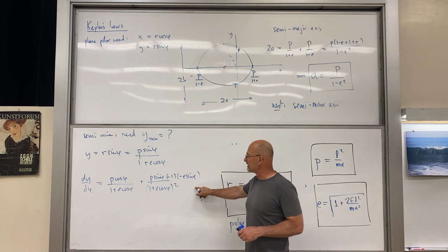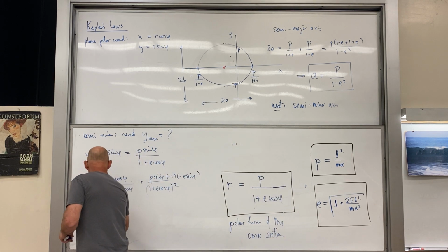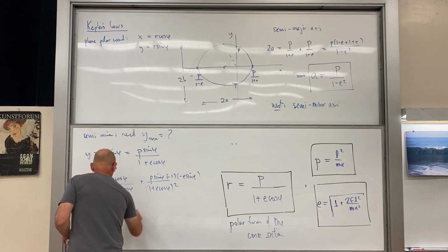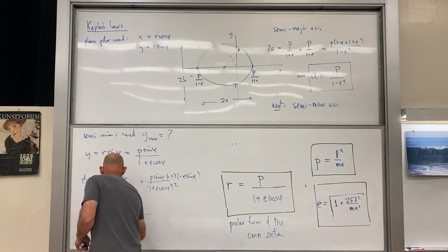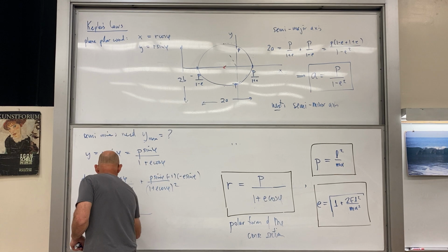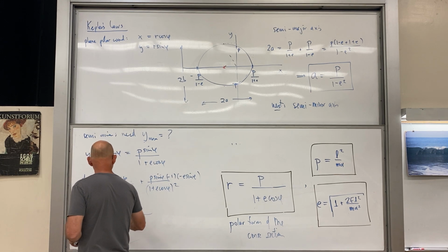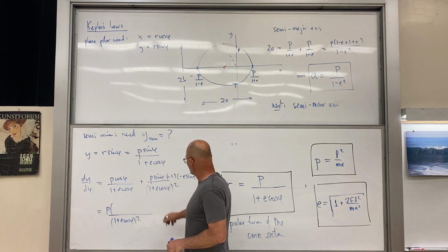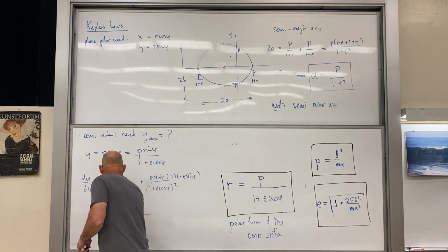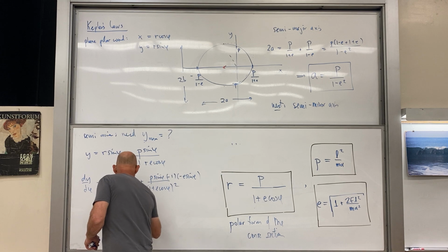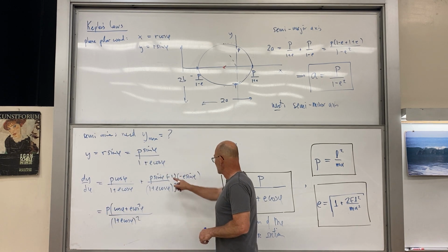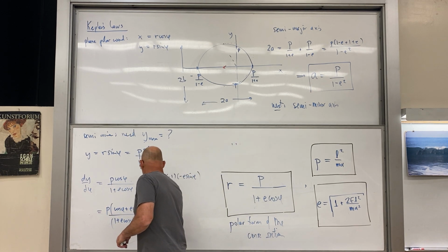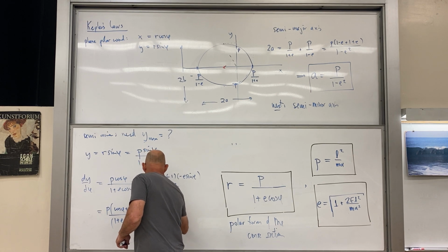So this is the expression we have to set equal to 0. I'll put it on the common denominator, 1 plus e cos phi squared. P is out there, so we have cos phi times 1 plus e cos phi, so cos phi plus e cosine squared phi, minus times minus is plus e sine squared phi.